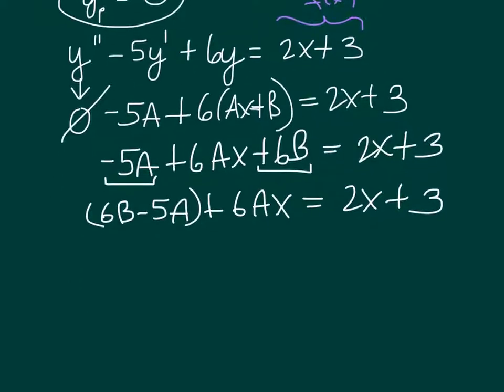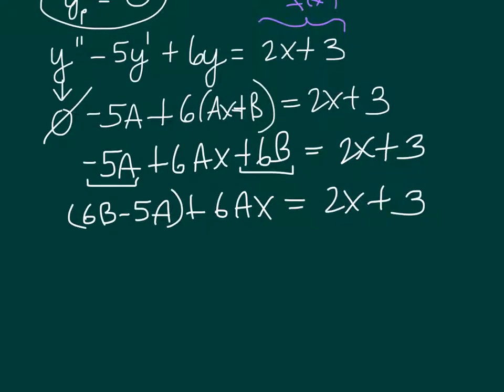The reason I rearranged my constants and my x's is that we're going to equate coefficients. This has an x in front of it, and this has an x in front of it, so 6a must be equal to 2.